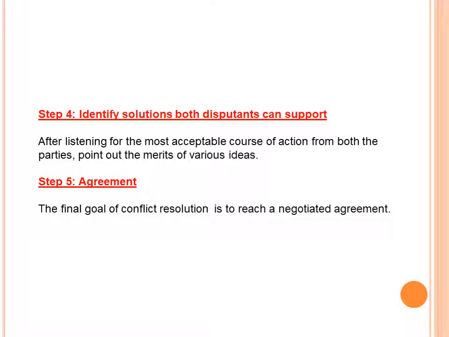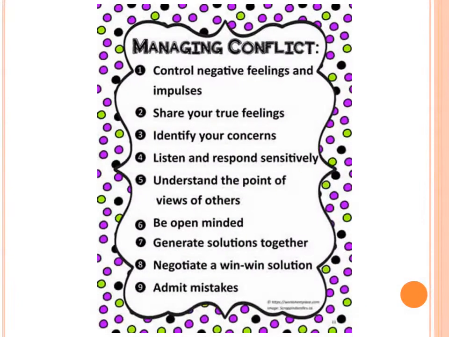The fourth step is listening carefully to the solutions and listing out the merits of each solution. And the final step to resolve a conflict is reaching a negotiated agreement. While trying to resolve a conflict, it is good to keep the following points in mind.